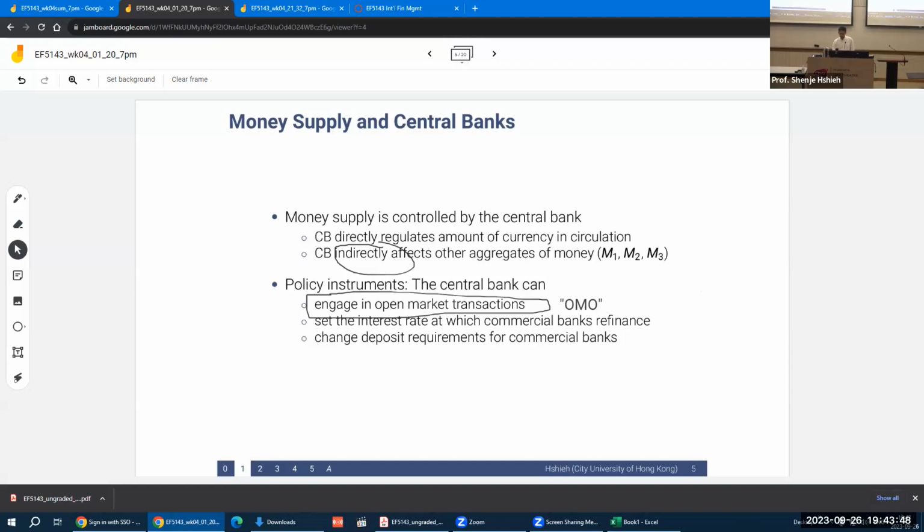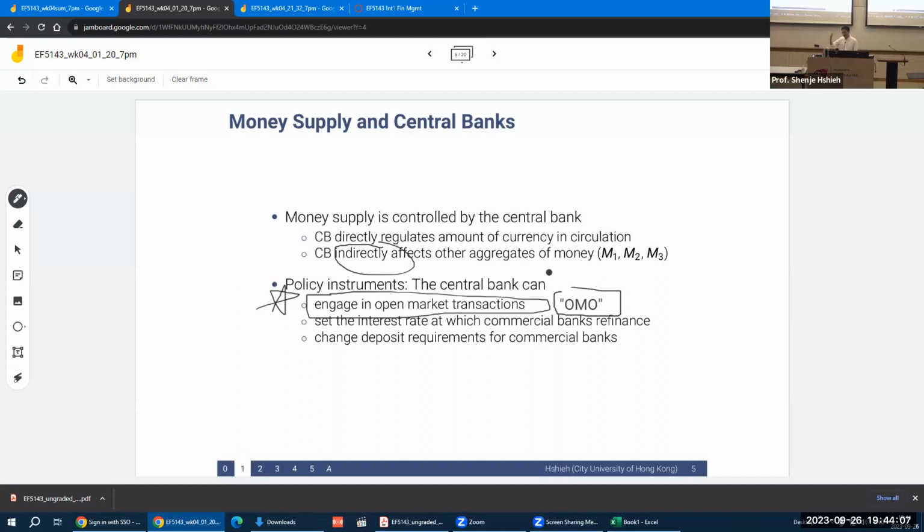We will be primarily working with this mechanism here. Changing the reserve ratio is a tool that central banks use to make subtle adjustments to the supply of currency. But in this class, just to keep things simple, we're just going to use the open market operation mechanism.